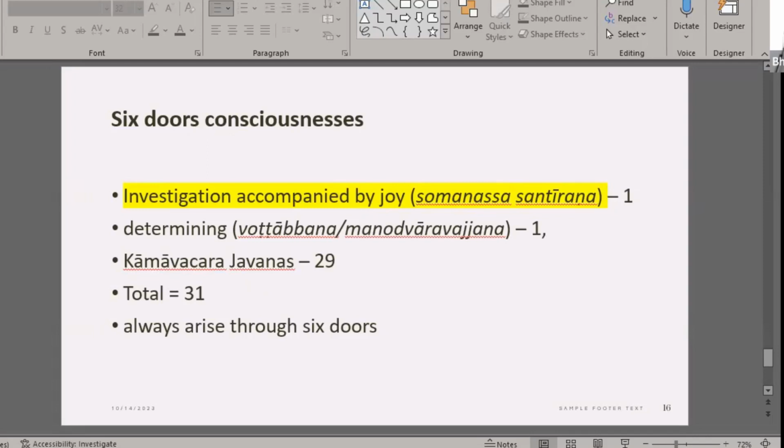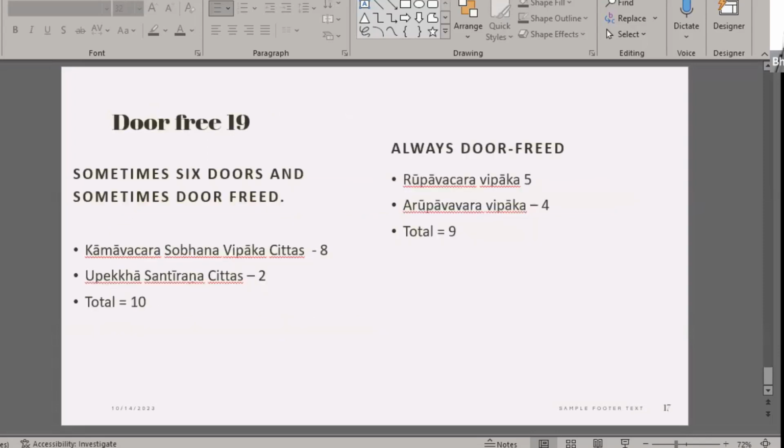How many cittas? 31 cittas arise through six doors. Then door-free 19. Rupavachara and Arupavachara Vipaka 9 are always door-free. How many always door-free? 9 cittas. Sometimes they arise through six doors, sometimes door-free: Mahavipaka 8 and Upekkha Santirana 2.